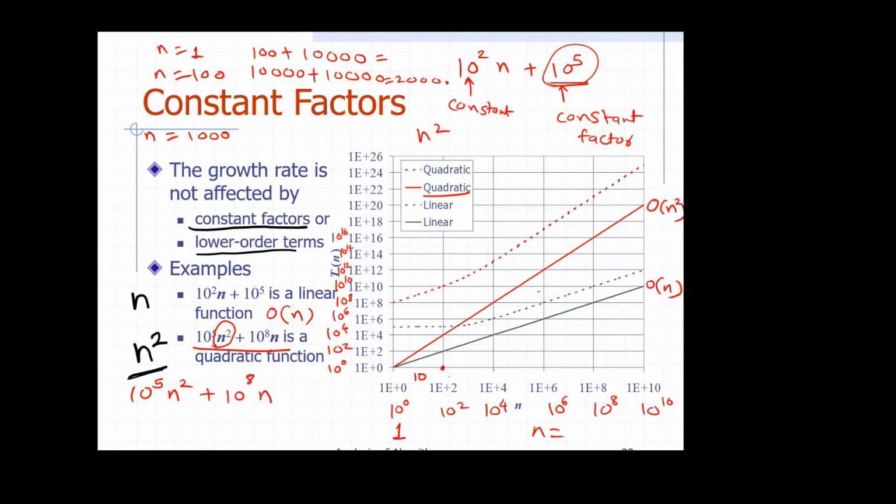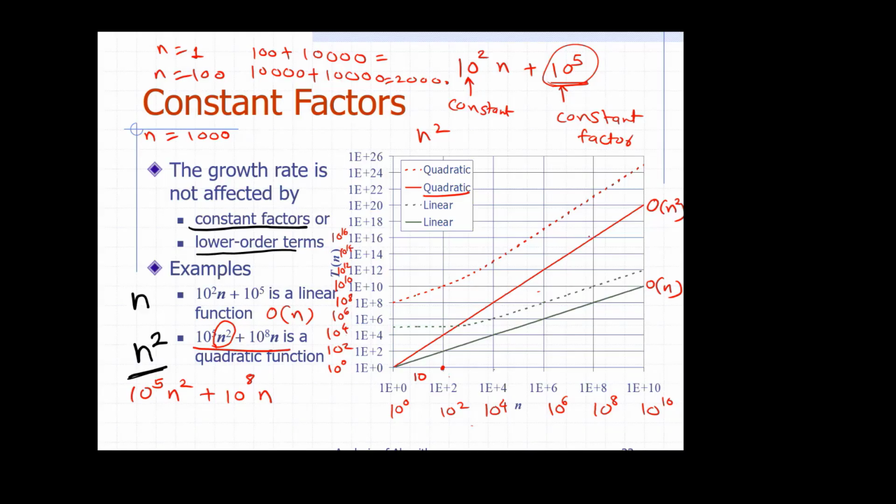If it's 10 raised to 4 and we square it, it's 10 raised to 8. This is the value of n actually. n is 10 raised to 4, so where we find n square, that is going to be 10 raised to 8.